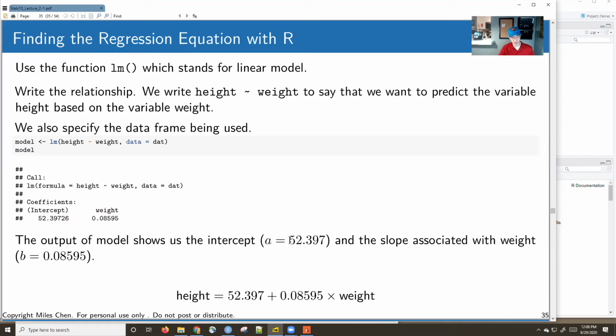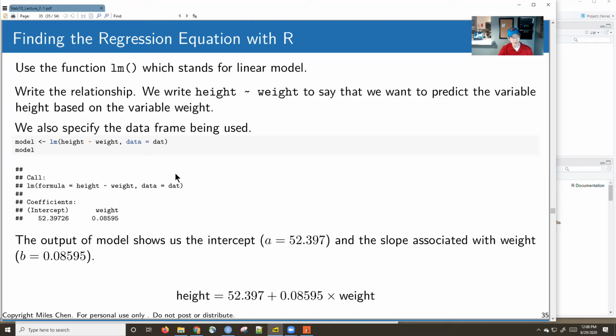Our intercept is 52.397. Our slope is 0.08595, 0.086 if I round off. And we would say our prediction line is height is equal to 52.397, A, plus B times X, right? B is 0.08595 times the weight.